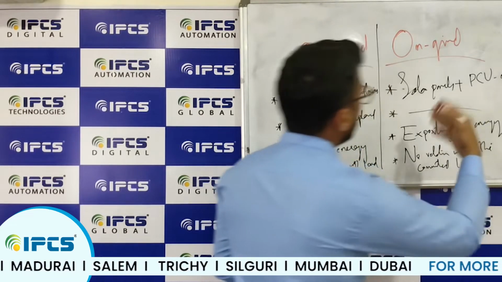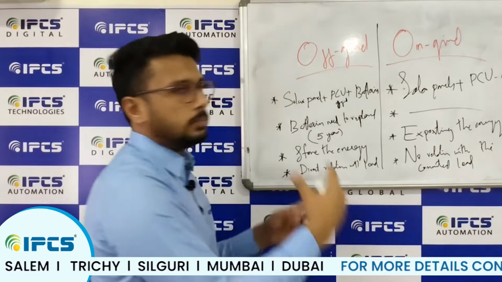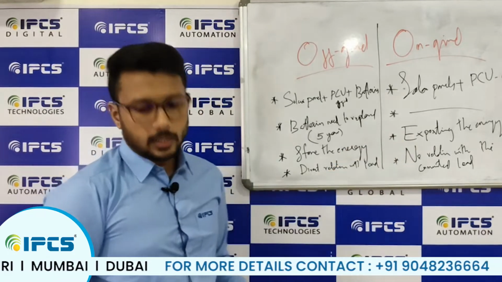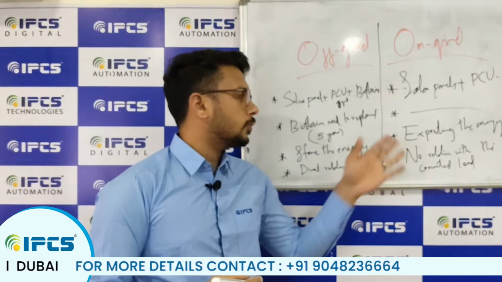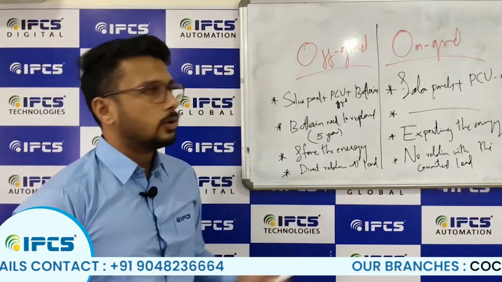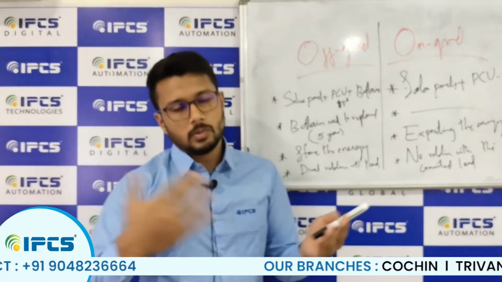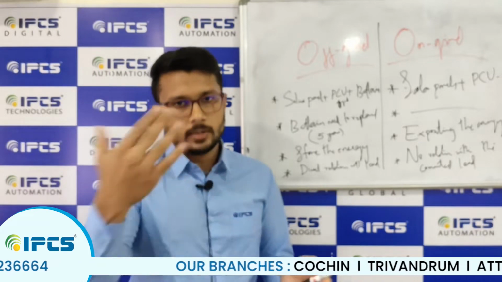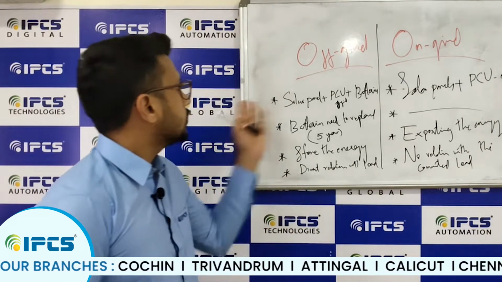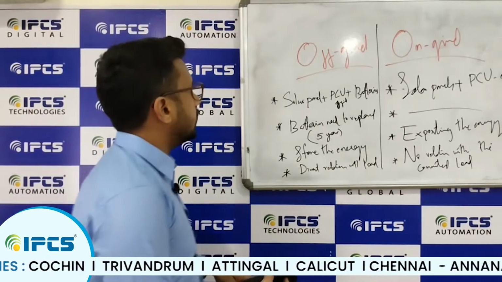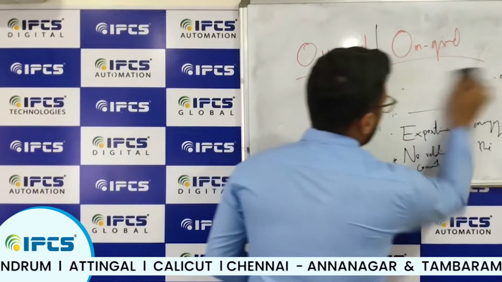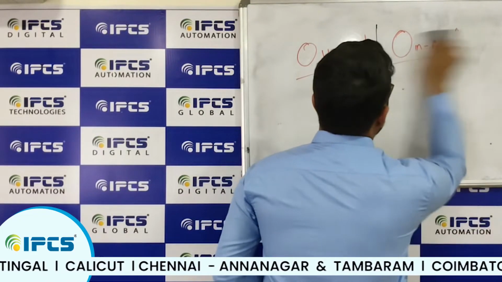Simply, we are exporting the generated electricity to the grid without any proper connection with the load. But in an off-grid solution, we are connecting to the inverter line. There is an inverter line in every residence, so we connect to that particular inverter line. This is the main difference between on-grid and off-grid solutions.